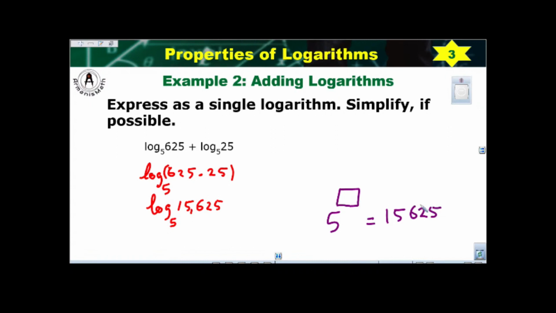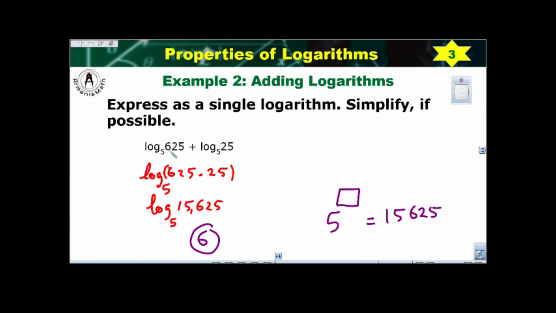Somebody's saying 6, so you multiply 5 times itself 6 times. Somebody's saying 5, somebody's saying 6. Somebody confirm. It is 6, for Christina, Taylor and Isabella. So the value for this one is 6.